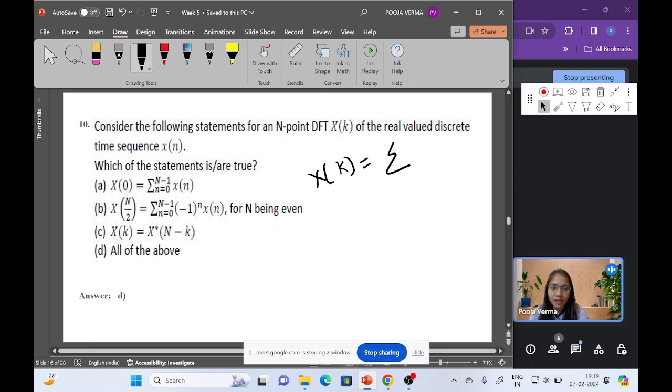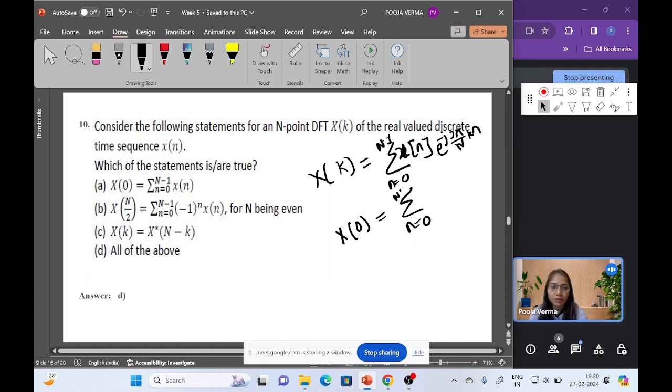It is defined as summation n is equal to 0 to n minus 1 of x of n e to the power minus j 2 pi by n kn. If we need to find out X of 0, k is equal to 0, then what will we get?